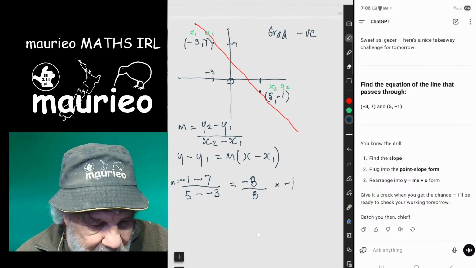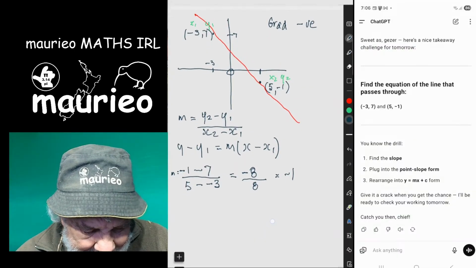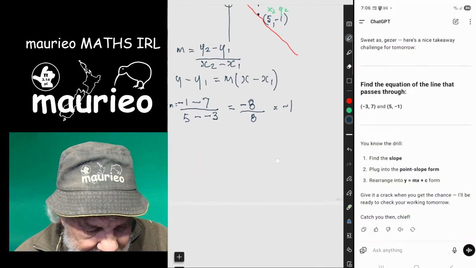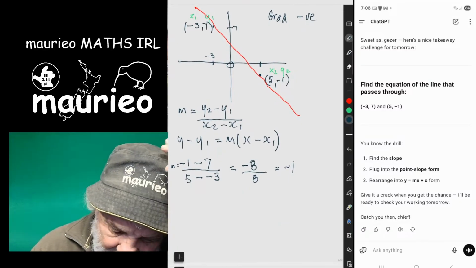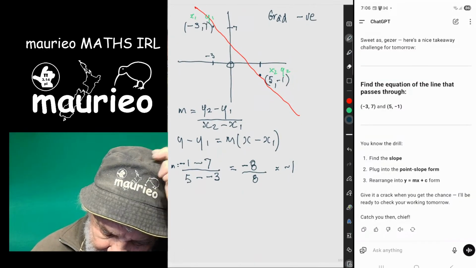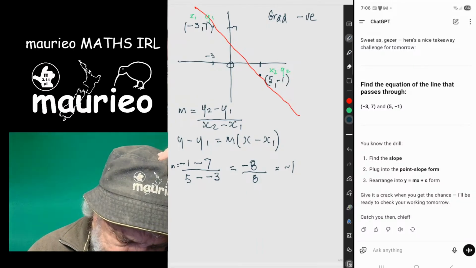Right, our second formula, I'm going to try and lock that in place.